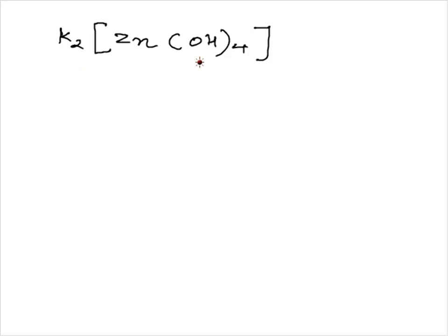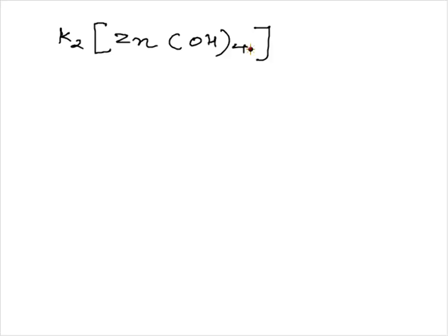Potassium is not in the complex. When the metal is inside the complex, then you tell its valency. The complex is an anion here. Potassium will be just potassium. So it's potassium tetrahydroxy zincate.